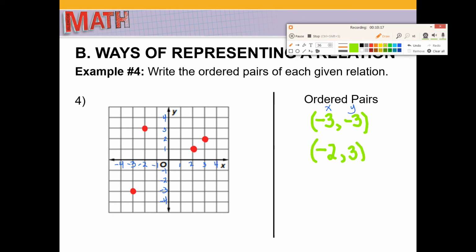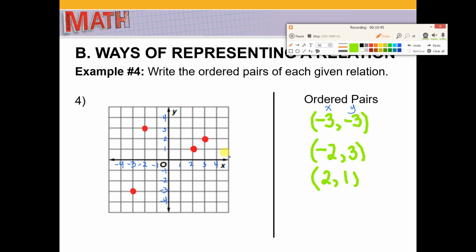Let's try the third one. This point. That point is at 2 in the x-axis, and it's at 1 in the y-axis. So when we write the ordered pair, that would be 2 and 1. Then the last point, we have this.